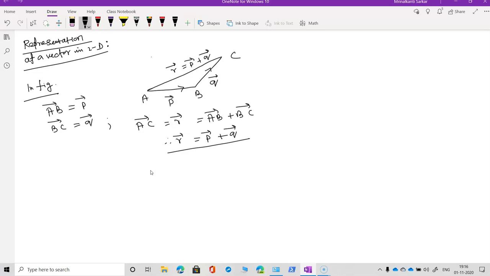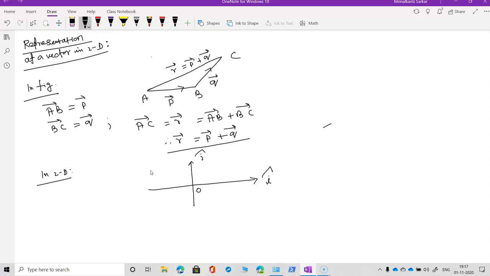This we know. Now in 2D, there are two unit vectors along positive direction of x-axis. Unit vector is i cap. Along positive direction of y-axis, unit vector is j cap.